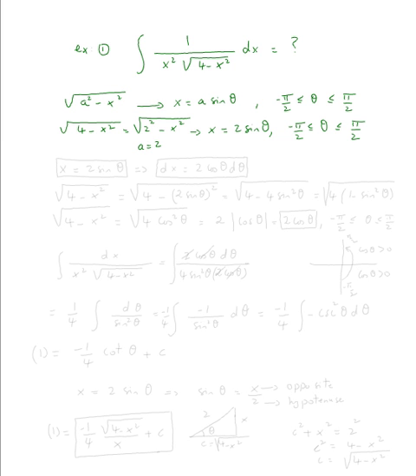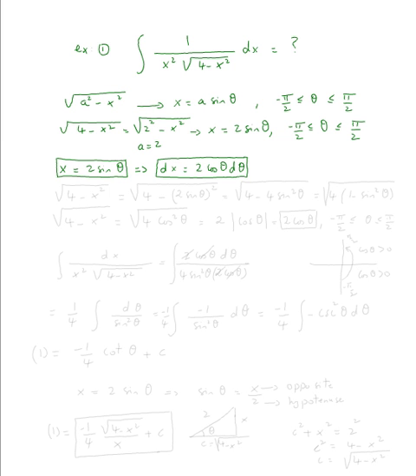Now since x is equal to 2 sine theta, then dx is equal to 2 cosine theta d theta. We will need x equal to 2 sine theta to substitute into the integrand. We will also need the dx, which is 2 cosine theta d theta.